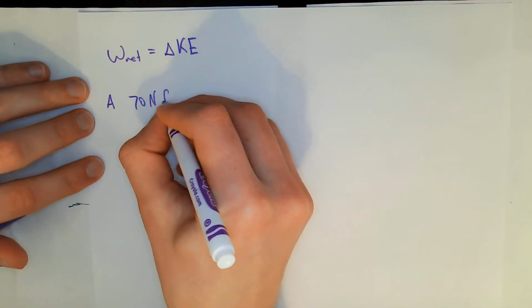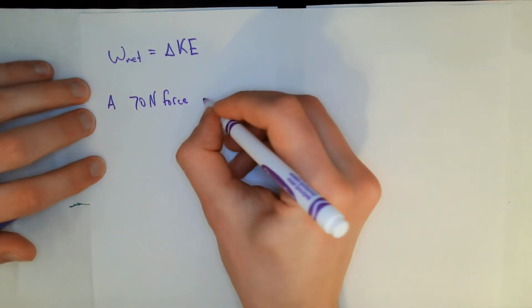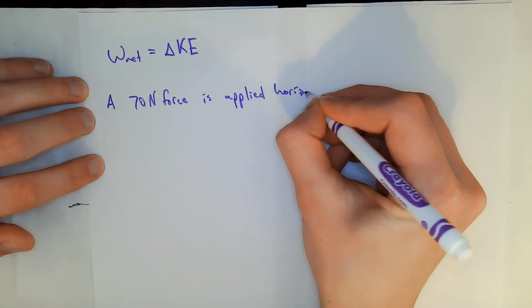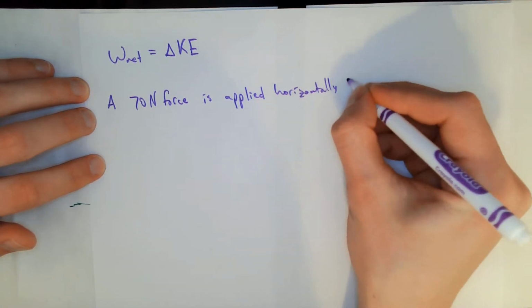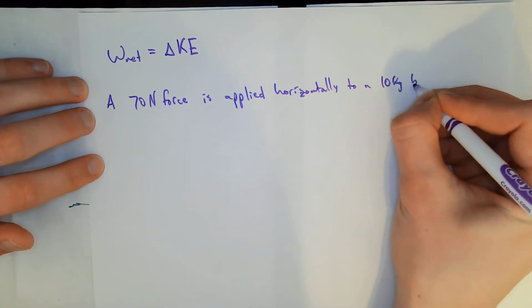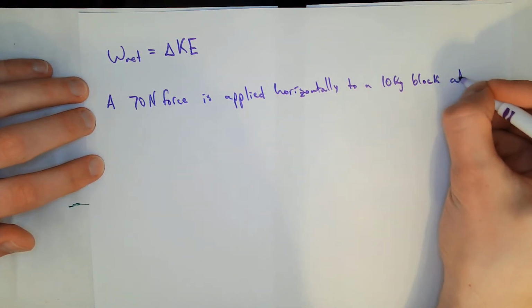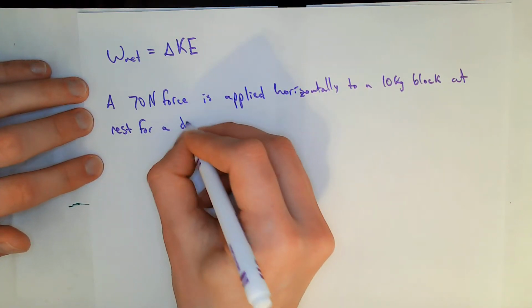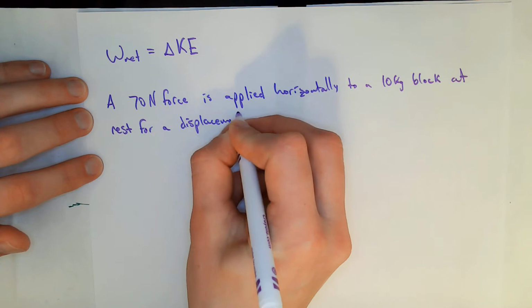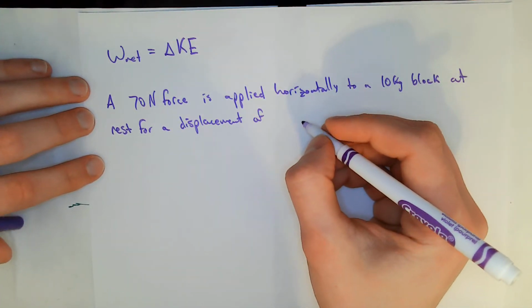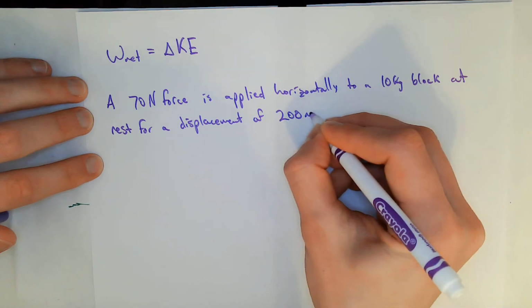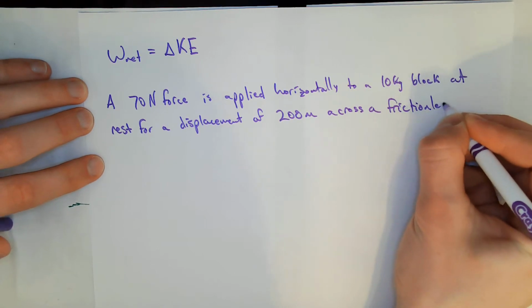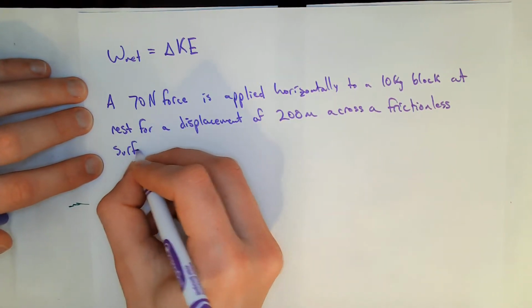70 Newton force is applied horizontally to a 10 kilogram block at rest, for a displacement of 200 meters across a frictionless surface.